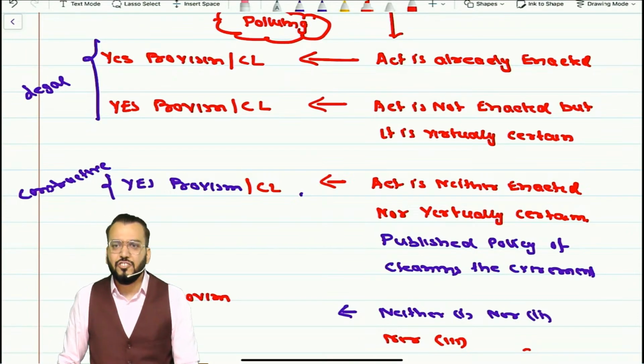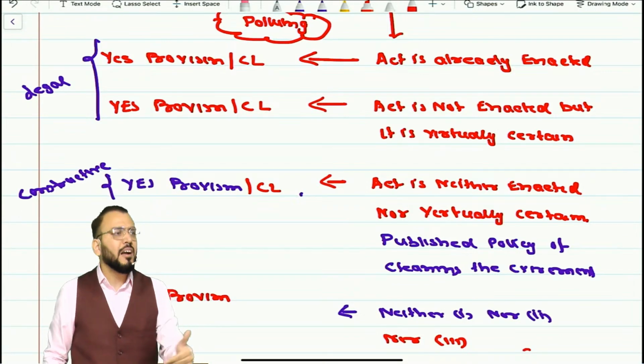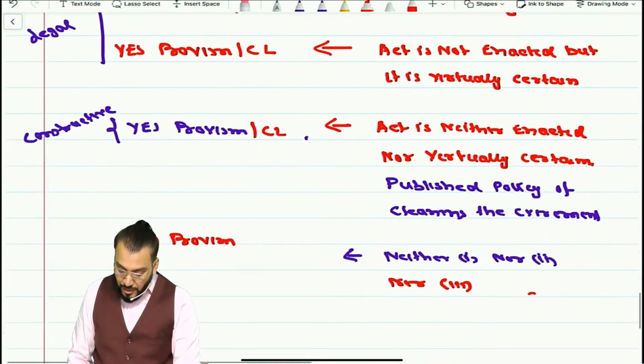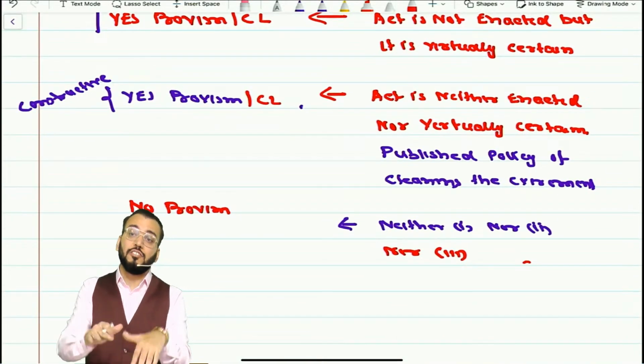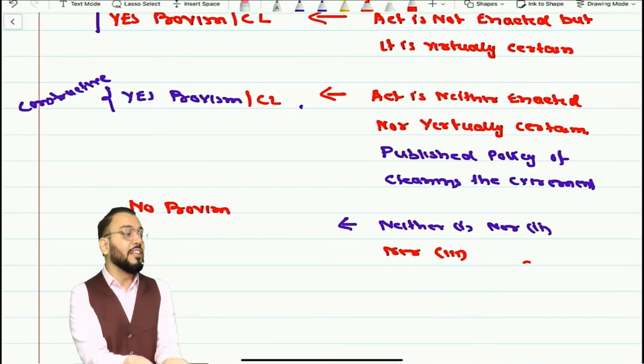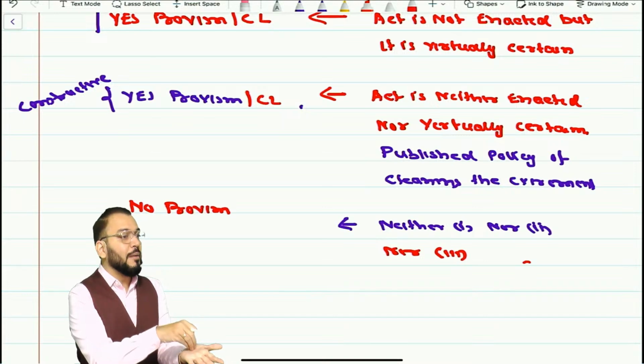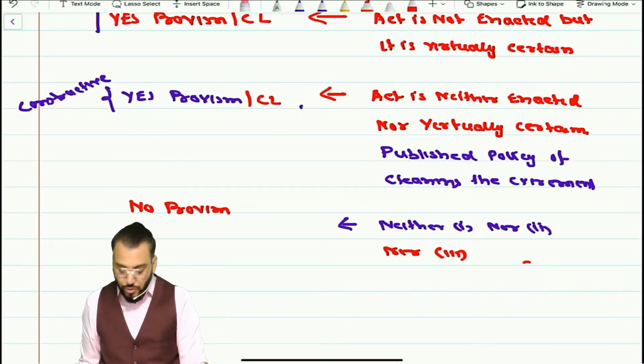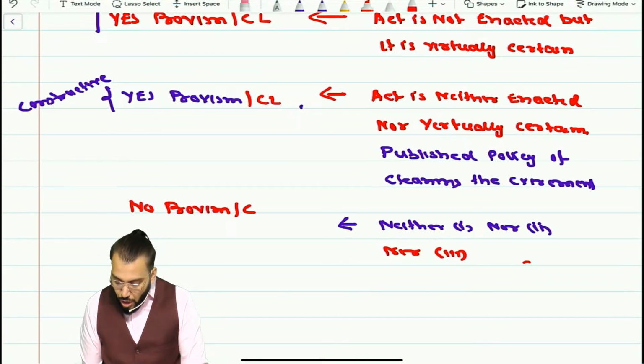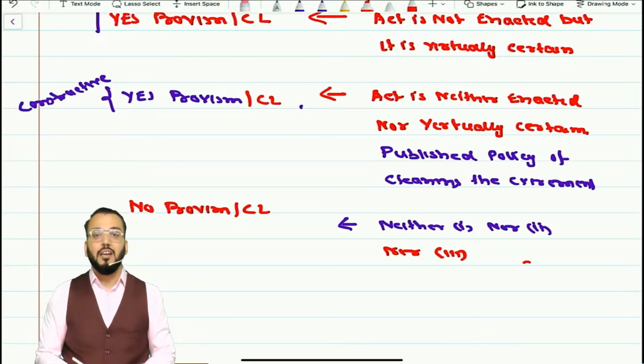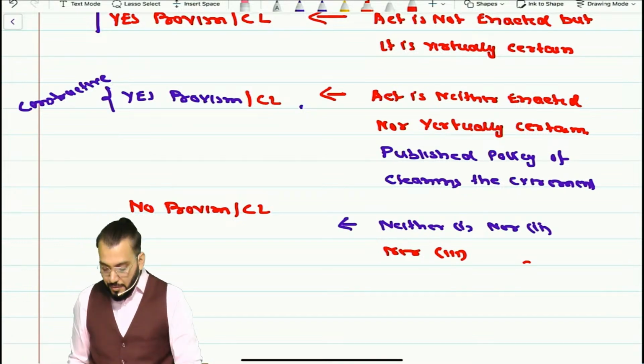Suppose two conditions are satisfied but the amount cannot be estimated, then it becomes a contingent liability. But when I am saying no provision, if there is no legal obligation and no constructive obligation, there is no contingent liability also. For contingent liability also we require obligation. So here, no provision nor contingent liability. Understood?